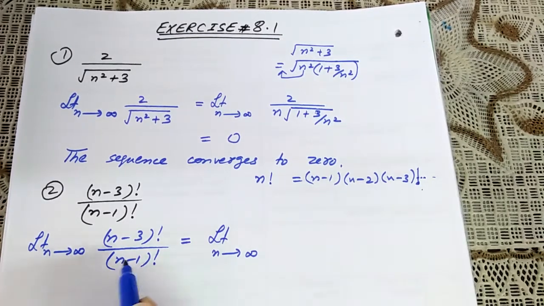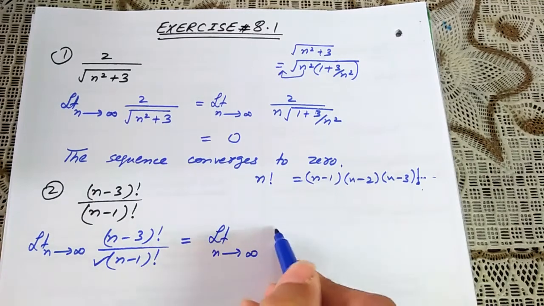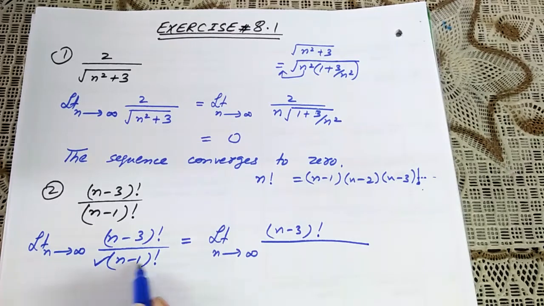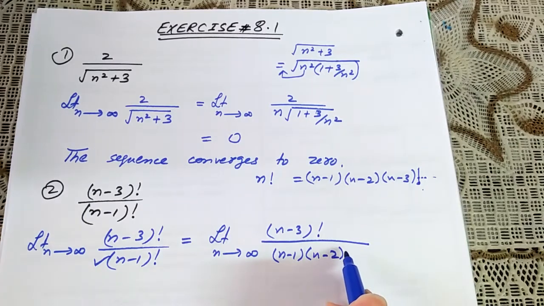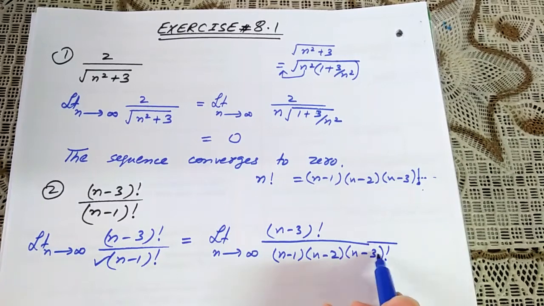At one point, I will get n minus 3 here, so that n minus 3 can be cancelled with this n minus 3. So I need to open this one. It will be n minus 3 factorial divided by, now moving to the right side, n minus 1 into n minus 2 into n minus 3 factorial. I stopped here, so I write factorial with it.